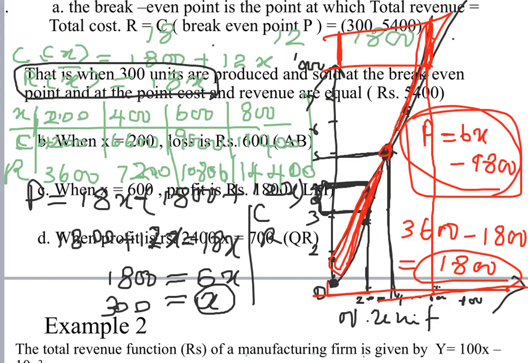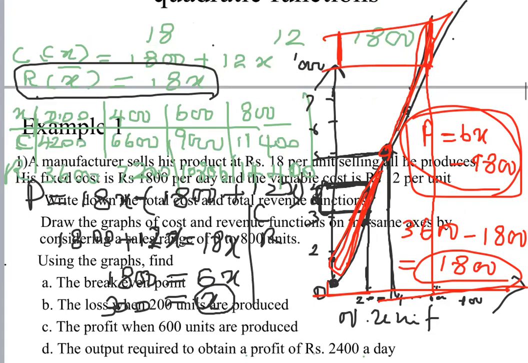So you can see what this question is asking: what is the output required to obtain a profit of 2,800 per day? Here we know the total profit, so how can we find the number of output?